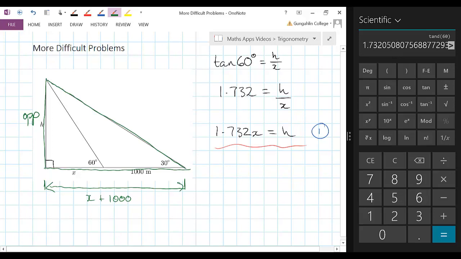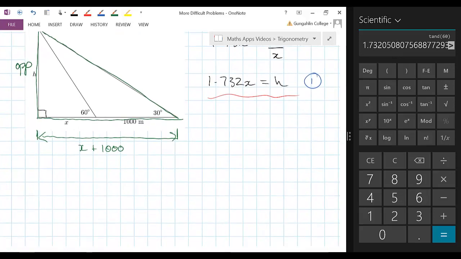And I need to work out, again, the trig ratio I'm going to be using. For this one also I'm going to be using tan because I've got an opposite side and an adjacent side for this triangle. So let's work that out. Tan of, this time it's going to be 30, is going to be the opposite side, h, divided by x plus 1000.